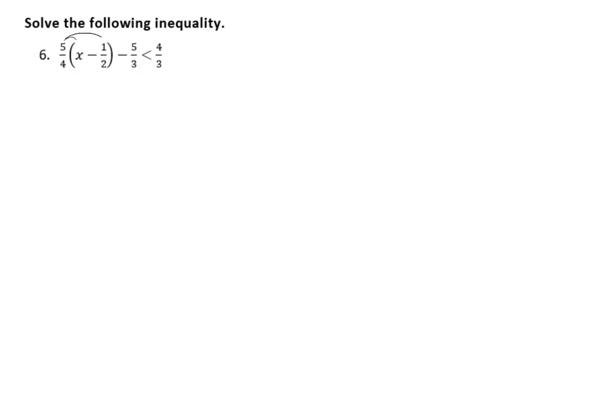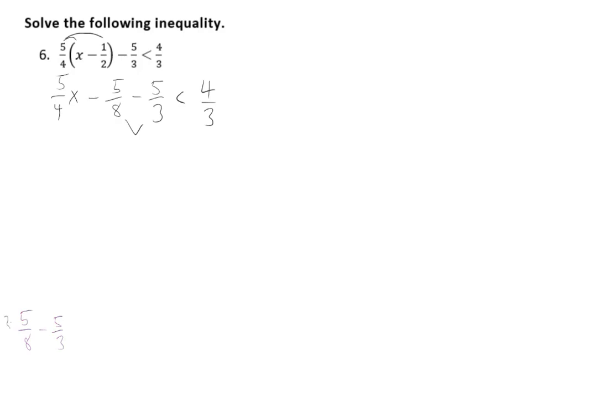So let's go ahead and distribute. And this gives me 5/4 x minus 5/8 minus 5/3 is less than 4/3. Okay, we need to combine these two. 5/8 minus 5/3, those both go into 24.